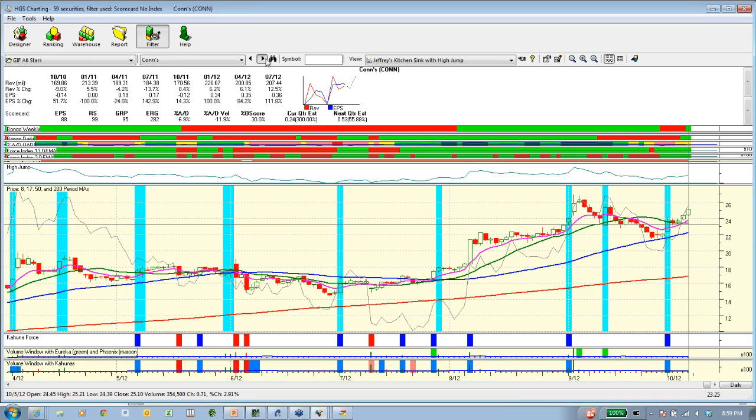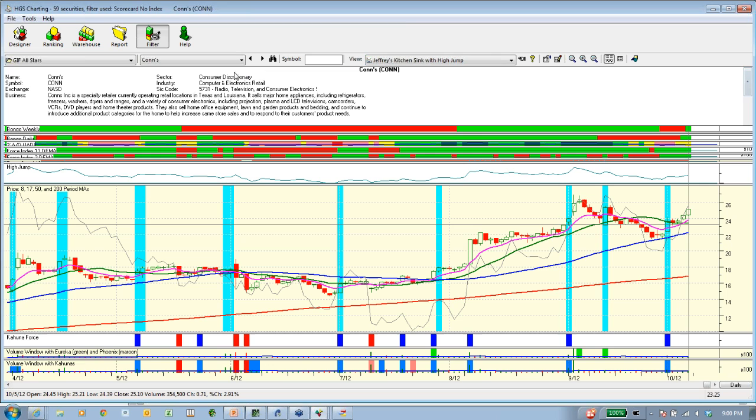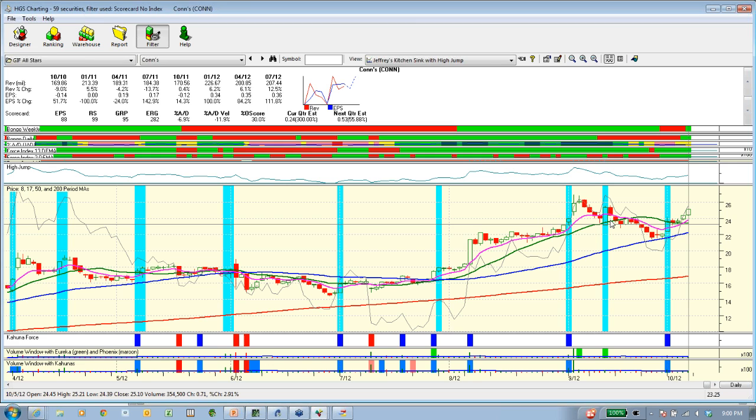Here's Cons. Don't know anything about them, but it's funny because I thought they were electronics, and with Best Buy having challenges and CompUSA being toast, it's interesting to see that the company is doing as well as it is. Computer and electrical retail, home office furnitures, everything turned green, had pulled back to that 50.